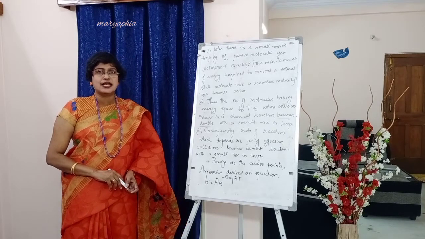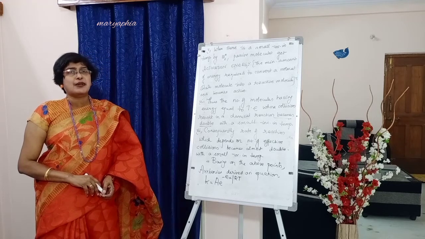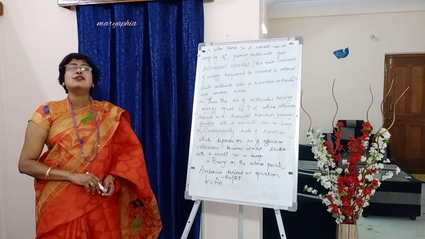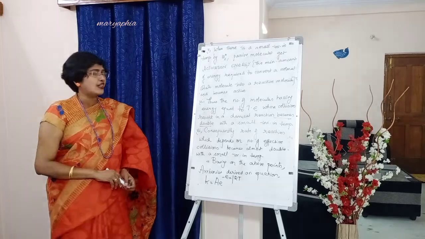Hope you understood, students. Okay, already there are few active molecules. Now by increasing the temperature, what is happening? Inactive molecules also convert into active molecules. So the number of effective collisions increases.